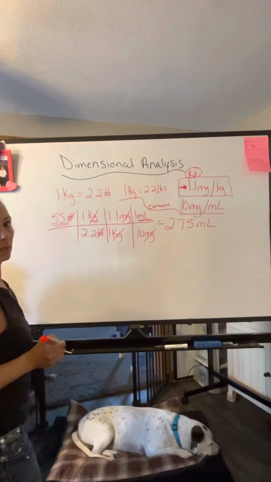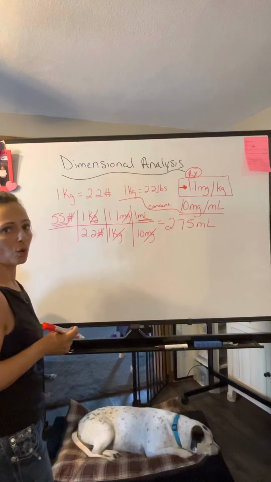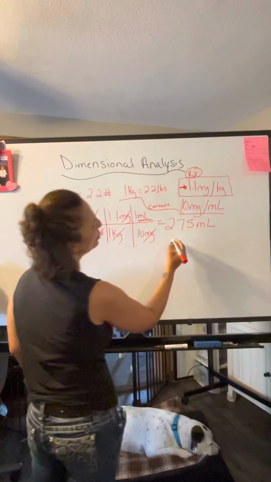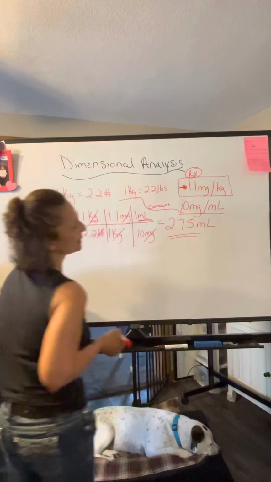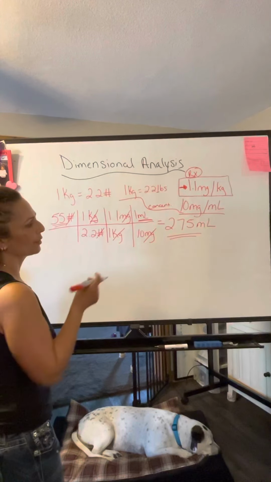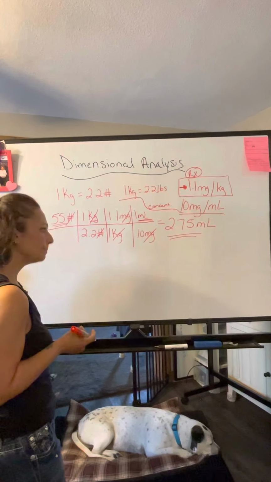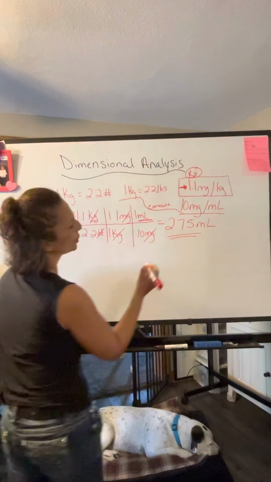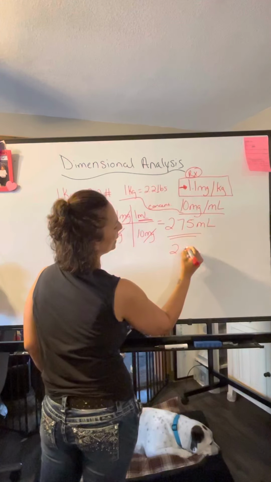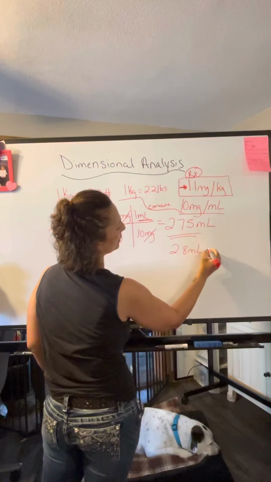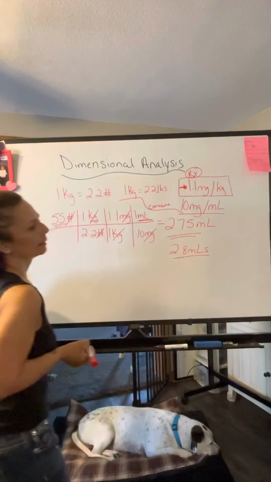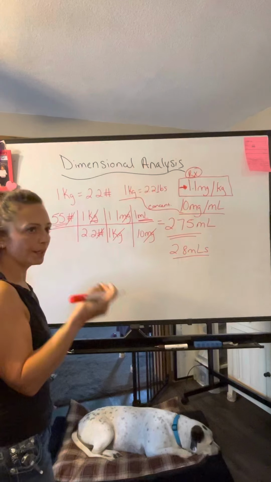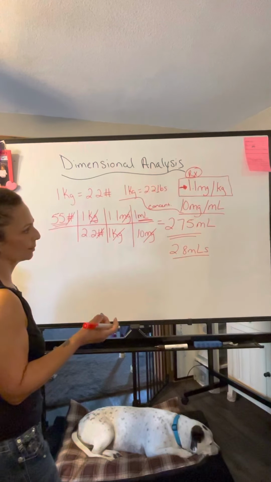milliliters. The next thing that you need to know for administering medications to an animal is, can you draw up 2.75 mLs in a 3 ml syringe? Probably. Most likely though, you're going to draw up 2.8 mLs. You always have to put this back into what tools do you have, okay?